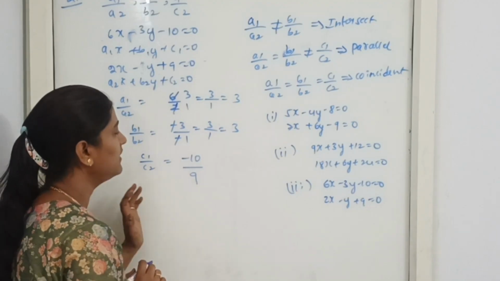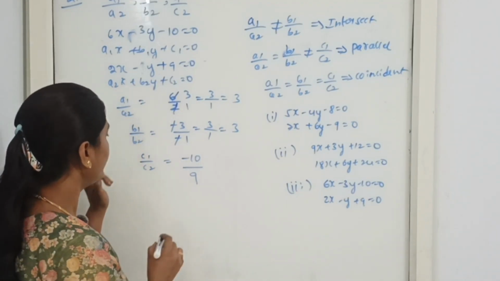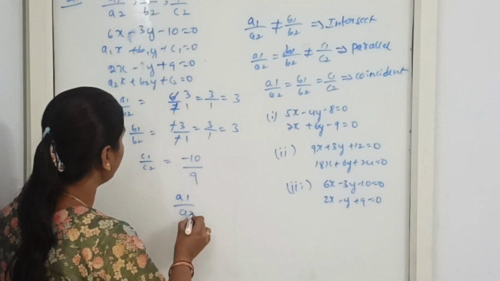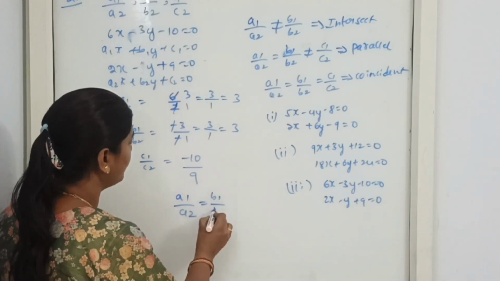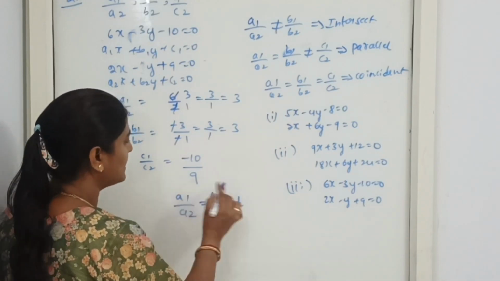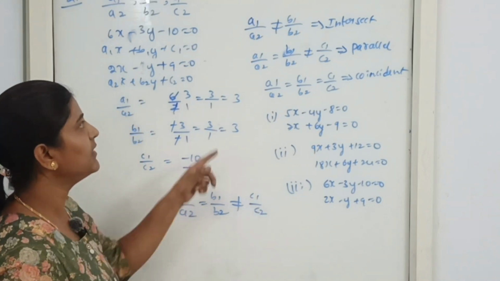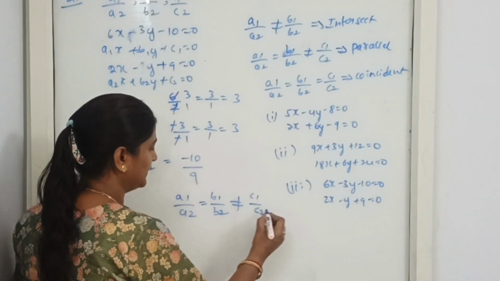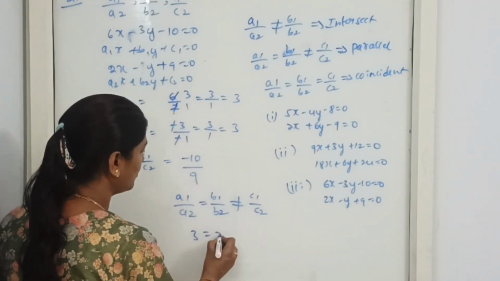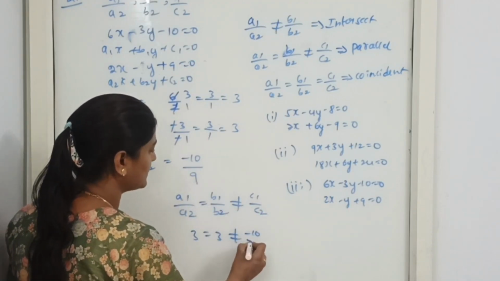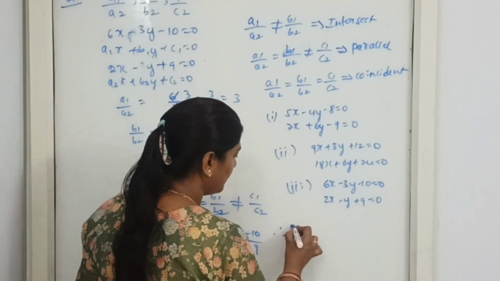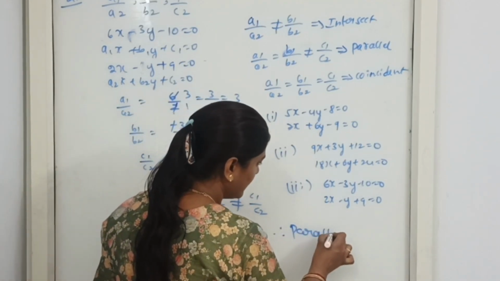And 10 by 9 doesn't go. And what are we getting? A1 by A2 is equal to B1 by B2 but not equal to C1 by C2. That means it belongs to parallel. Is it not? 3 is equal to 3, not equal to minus 10 by 9. Therefore, it belongs to parallel.